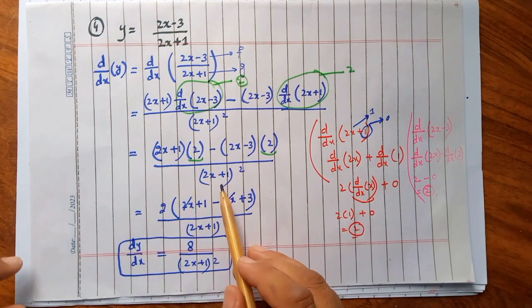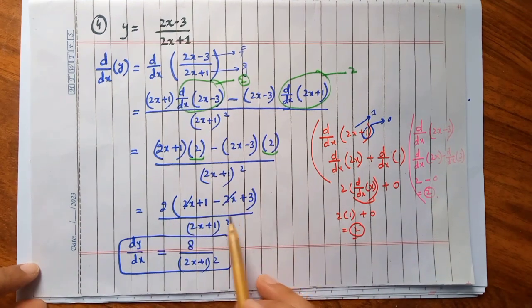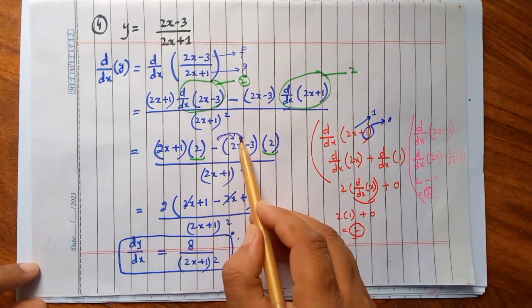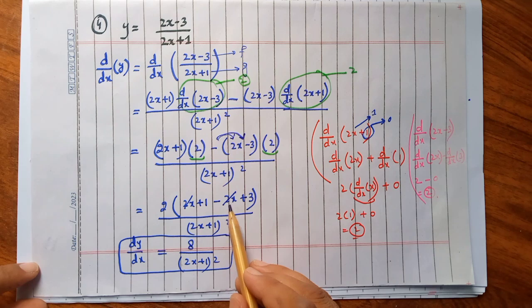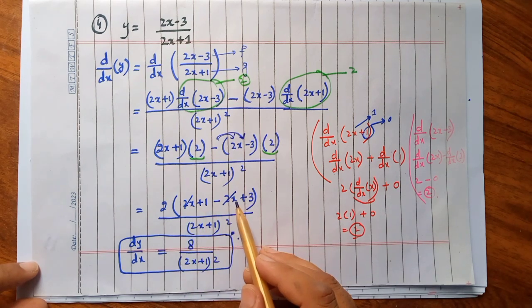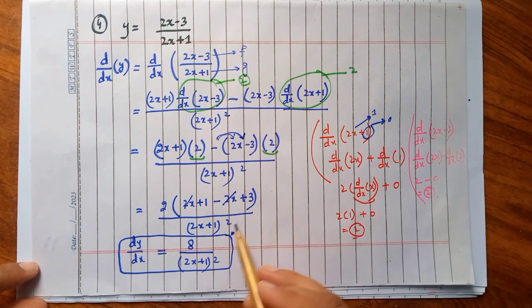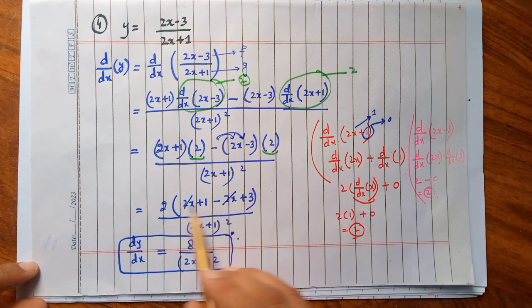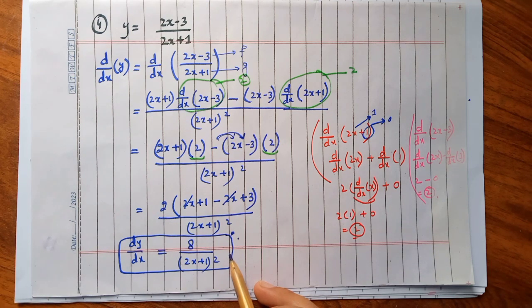So we will take 2 common here, so this will become 2x plus 1, and this minus will change the sign of these two values, so minus 2x plus 3. So plus 2x and minus 2x will be cancelled out, so this will become 1 plus 3 which is 4, 4 multiplied by 2 will be 8 over 2x plus 1 whole square. So this is question number 4, exercise 2.5.